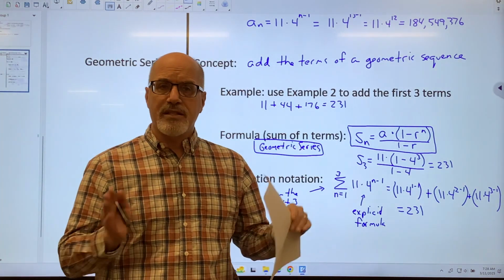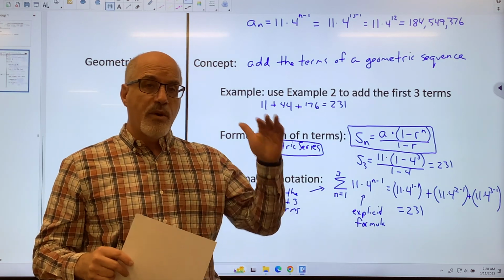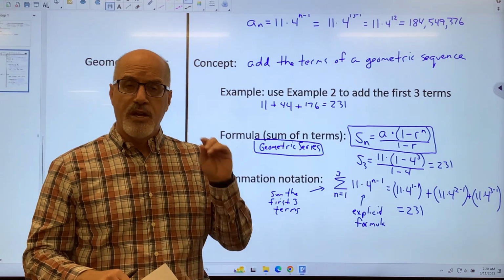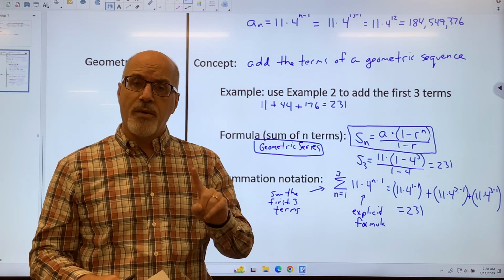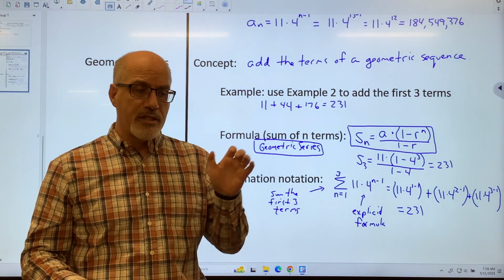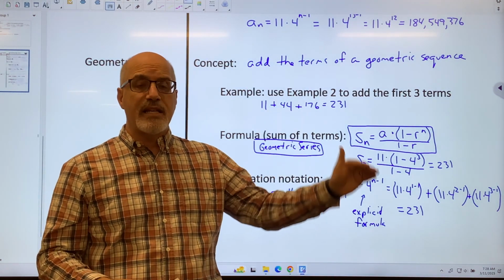So a sequence is a list of numbers. A series is where you add those numbers together. With the sequence, we have two ways to list those formula-wise. We have an explicit formula, which allows us to jump to a term, or the recursive formula, where you define the first term in the sequence and then how we get to the next term.